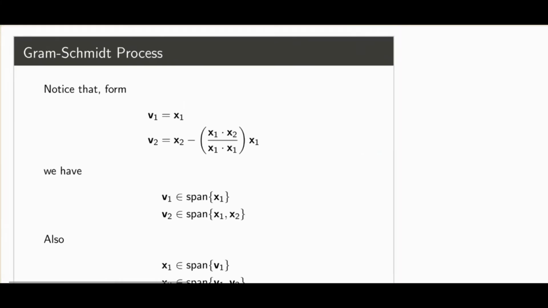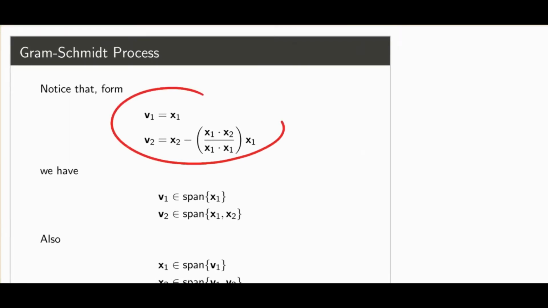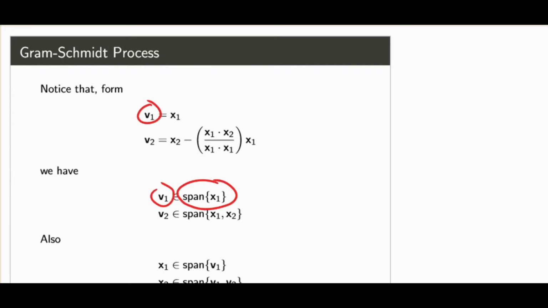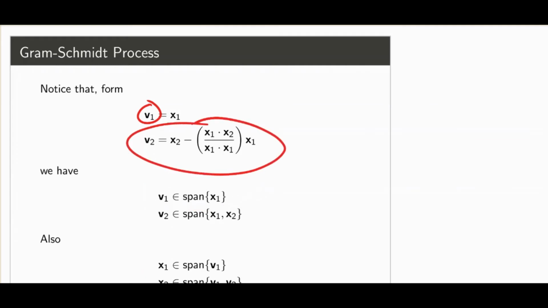And this is answered by looking at the formula here, right? So v1 is definitely inside the span. Why? Because the span of x1 is all the possible linear combinations of x1, and x1 is definitely in it, and x1 is v1. So this is kind of trivial, okay? Now, if you look at this formula right here, the way we compute, this is exactly the same as x2 minus the projection.